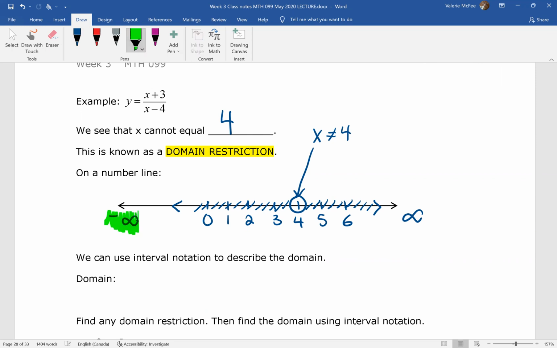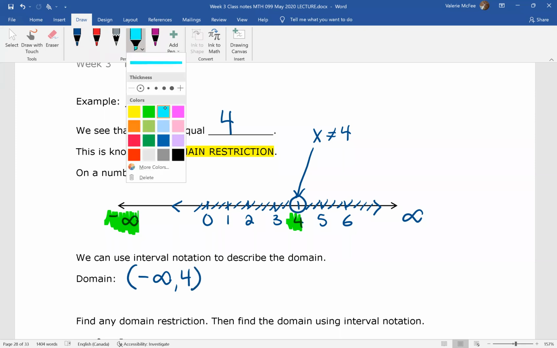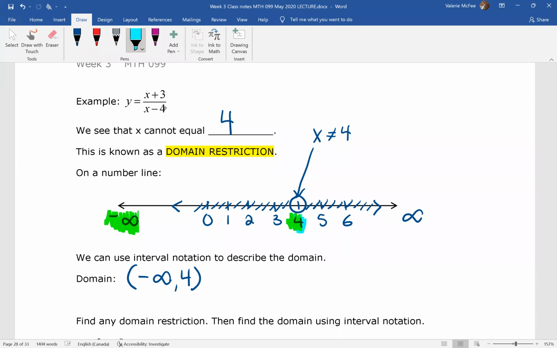So I have one interval that goes from negative infinity to 4. It cannot equal 4. The other interval goes from 4 to infinity.